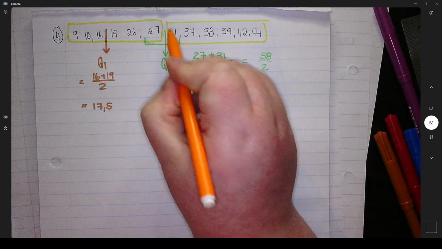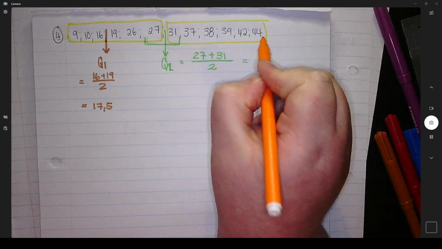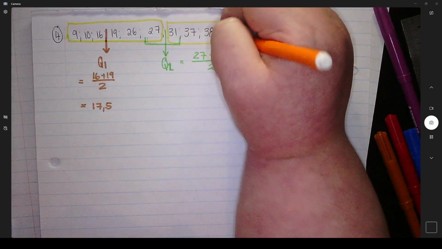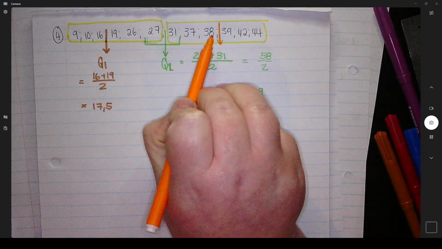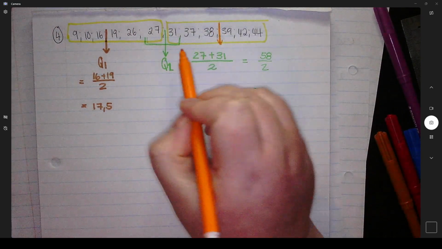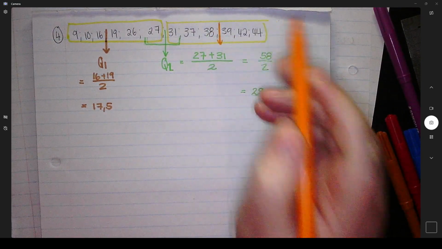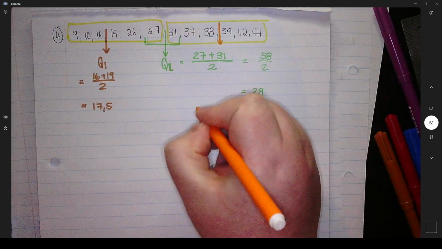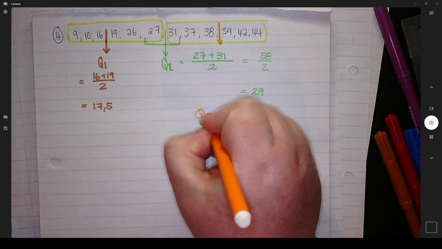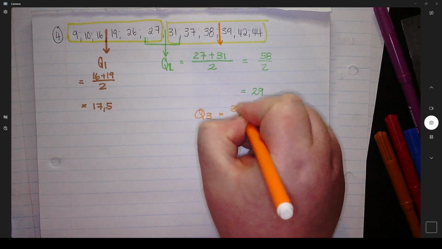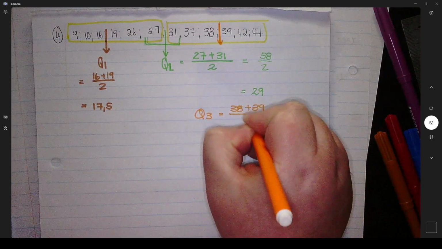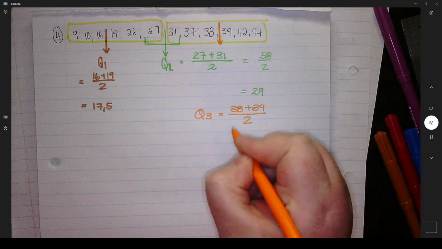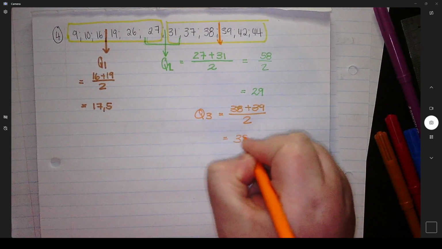Similarly, there are 6 values in my upper half, which means that quartile 3 will be exactly between the 3rd and 4th values. 3 below, 3 above. So quartile 3 is 38 plus 39 and divided by 2 to get the halfway point. That is going to be 38.5.